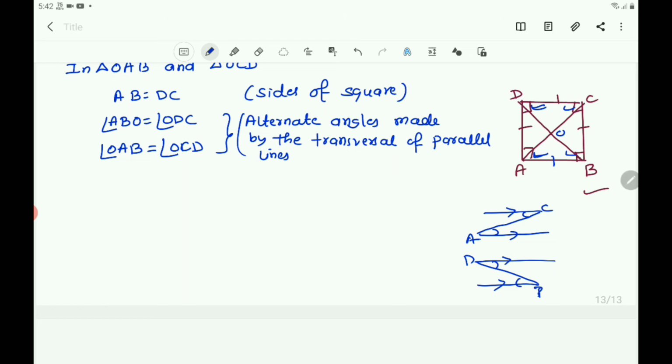Now, therefore triangle OAB is congruent to triangle OCD according to which congruence rule? See here, the common side is there, and they are the angles at the ends of AB and DC. So you can take according to ASA congruence rule, two angles and their included side.